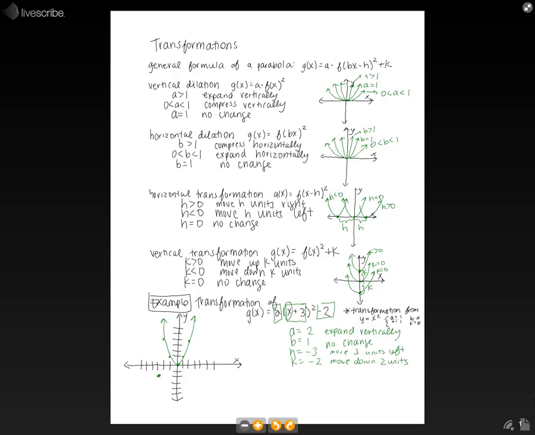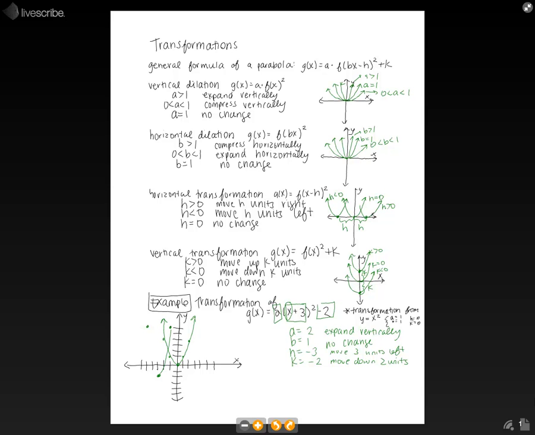And so we're going to expand vertically, so it's going to crunch our graph towards that middle line of symmetry. A negative 1 gives us a positive 6, and a negative 5 also gives us a positive 6.